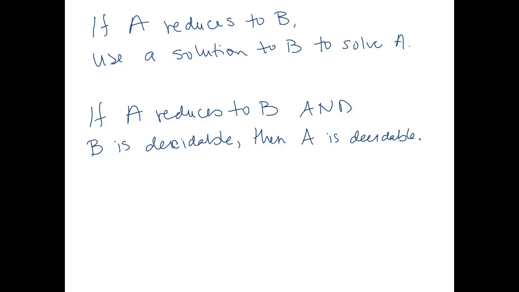To realize that this is true, if I know that I can convert the problem A into an instance of the problem B, then if I can decide that instance of the problem B, I'm really deciding the problem A. So if I can reduce A to B and I know B is decidable, then I can decide A.